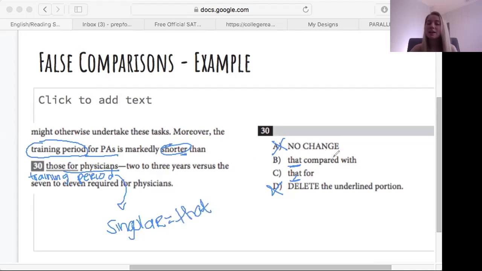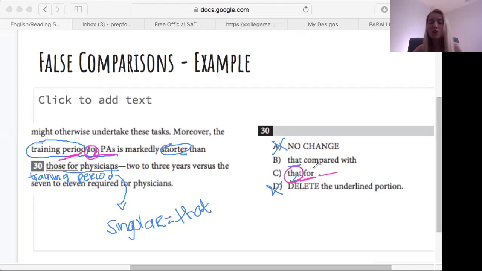However, do I need "that compared with" or "that for"? Now we're pulling in two concepts to figure out our correct answer. One is redundancy. Two is parallel structure. Notice the parallel structure we just talked about. Here we have training period for PAs, then training period for physicians.